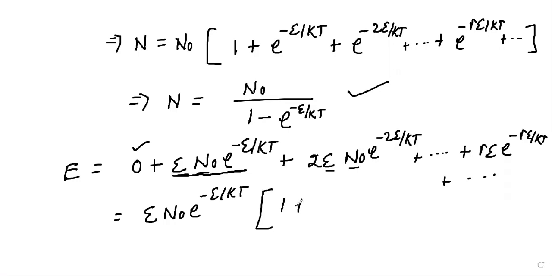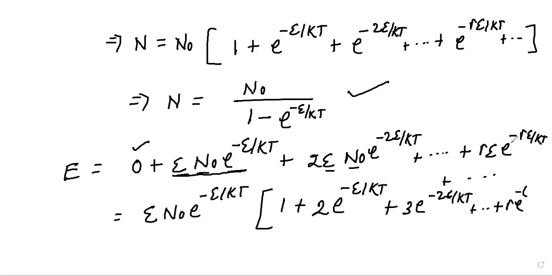What we got is 1 plus 2 times e to the power minus E by kT, right? Plus 3 times e to the power minus 2E by kT, so on, plus r times e to the power minus, here if you take e to the power minus E by kT, you got r minus 1, right? And then you have E by kT, right? So as it is, okay, then plus continue.